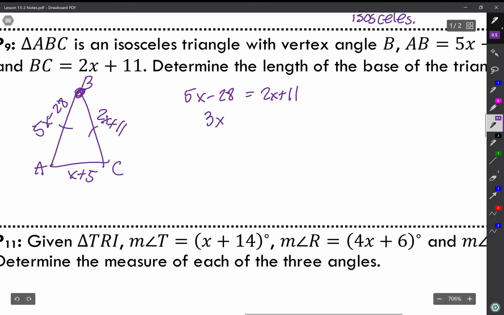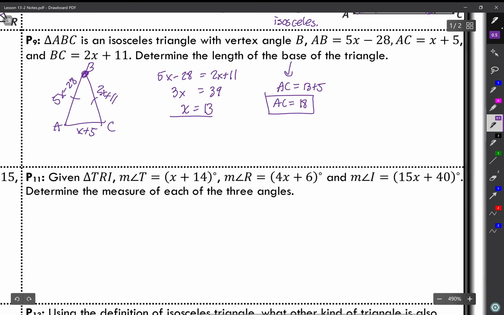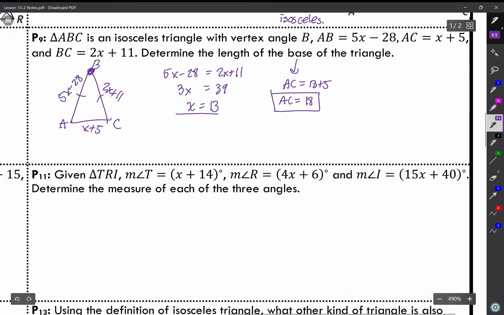Subtract 2x from both sides, add 28 to both sides. We're left with 3x is equal to 39. So x is equal to 13. Now to find the base, which is AC, we just plug in 13. So 13 plus 5, so AC is equal to 18. And that's all we want. Cool beans. Number 9 is done. Number 10.